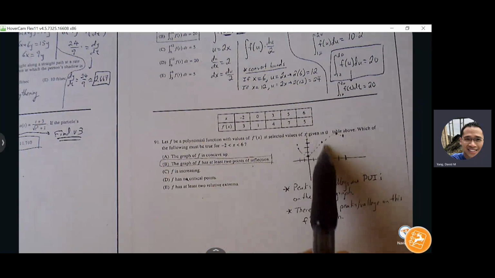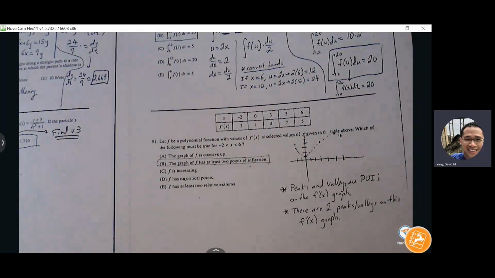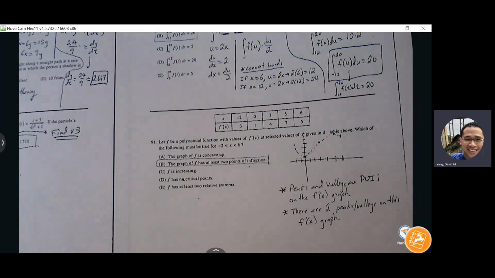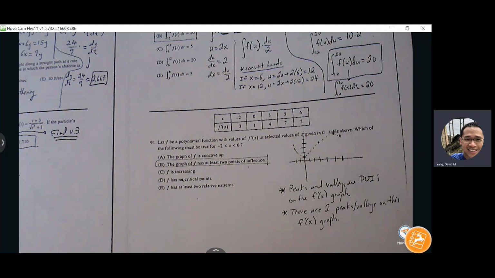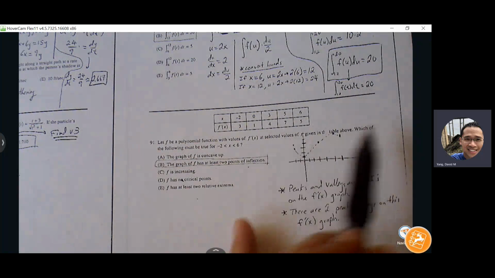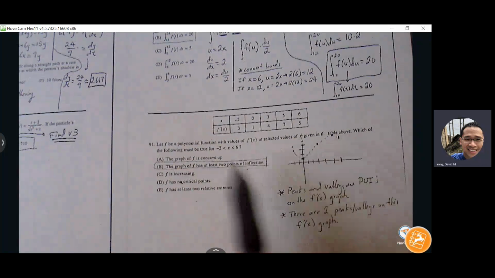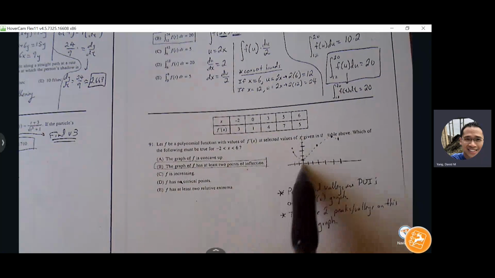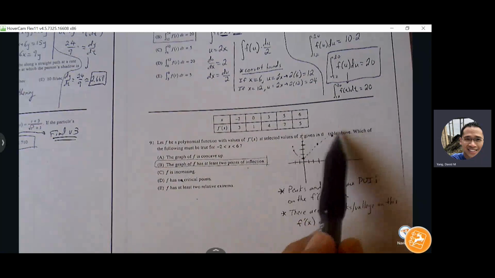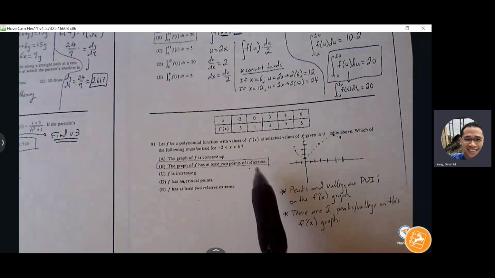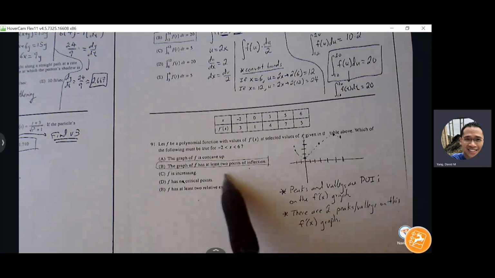I'm just sketching out a possibility, connecting those points, but there could be a lot of different things happening that we don't know about. But no matter how we draw the graph, we've got to have at least 2 points, a min and a max, a peak and a valley. So this we can guarantee.